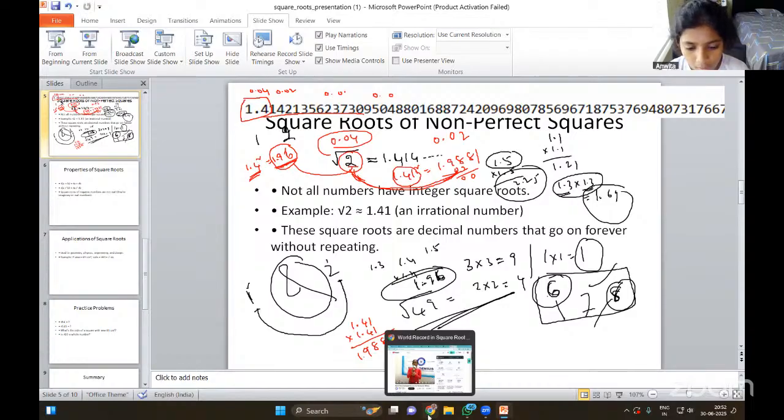1 point. Yes. You have to start with: the square root of 2 is equal to. Okay, sir.